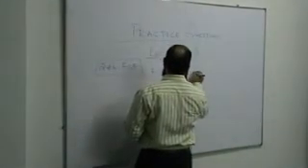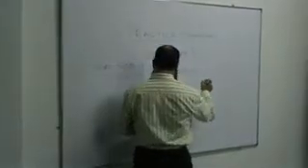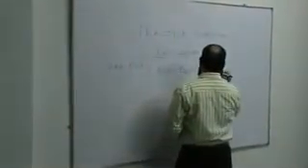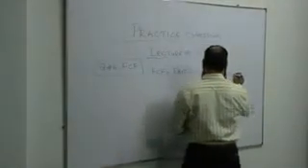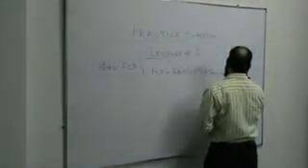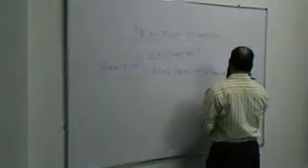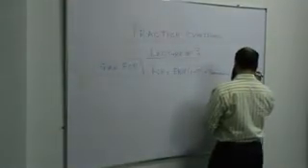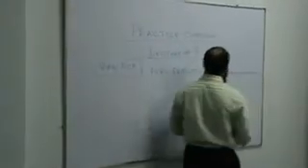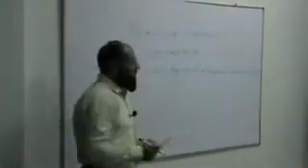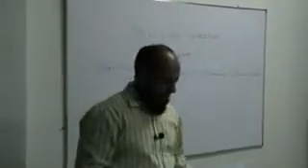EBIT(1 minus T) plus depreciation minus capital expenditure, which is capital expenditure plus whatever change in NOWC is there. EBIT(1 minus T), what is this thing called? इसका एक और नाम भी है.